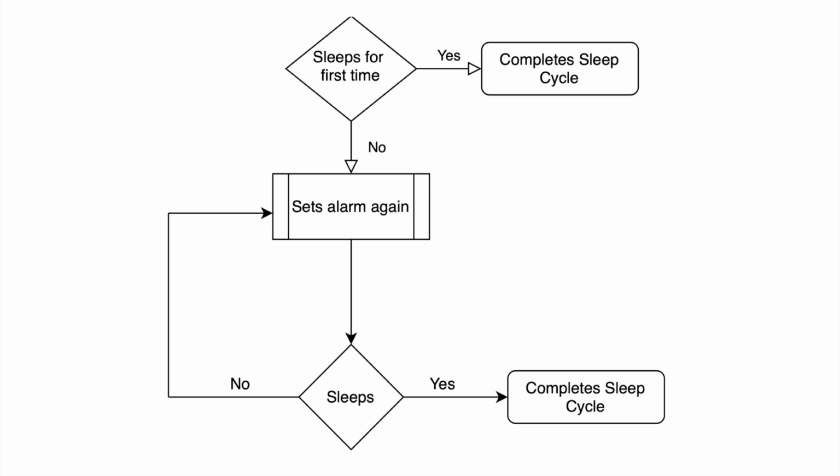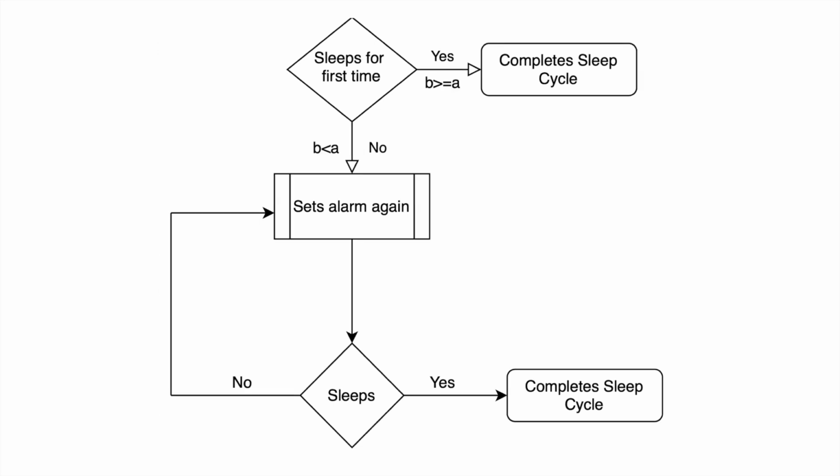Since his sleep got disturbed, he sets his alarm again, wherein he takes D minutes to fall asleep after the alarm is set, and the alarm is set for C minutes. After setting the alarm, if Polycarp sleeps, then he completes the sleep cycle. If he doesn't complete his sleep cycle, then he sets his alarm again and follows this loop over and over until he completes his sleep cycle.